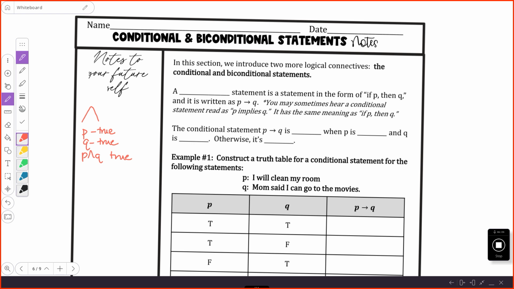And then our disjunction, that's the one that looks like this, and when we read it, P or Q. And we learned about P or Q that if P is false and Q is false, then the whole thing is false. Everything else is true.